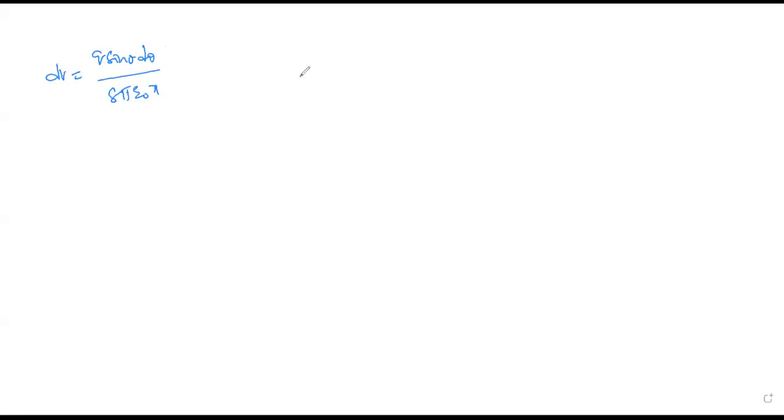From the figure we can write x square is equal to r square plus R square minus 2rR cos theta. So how did I get this one?